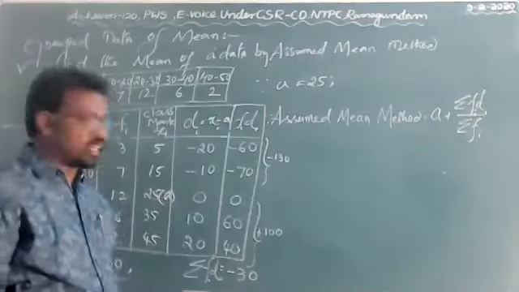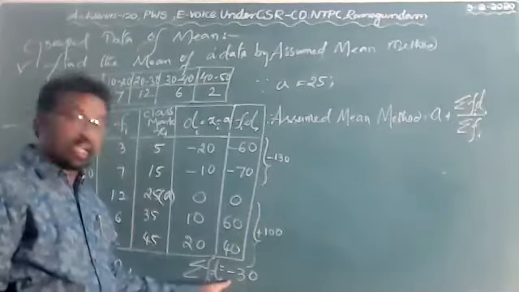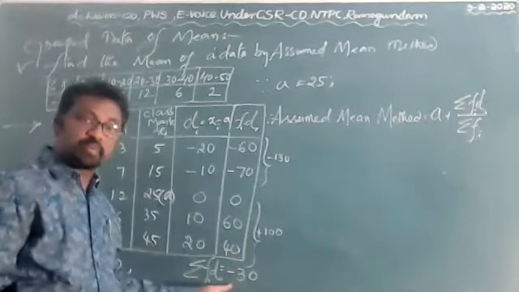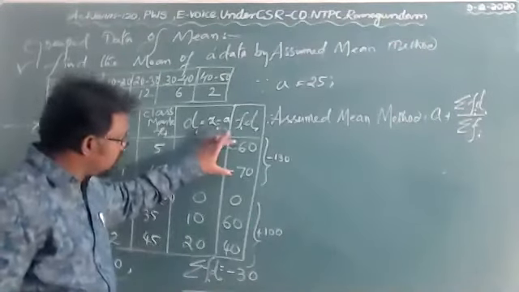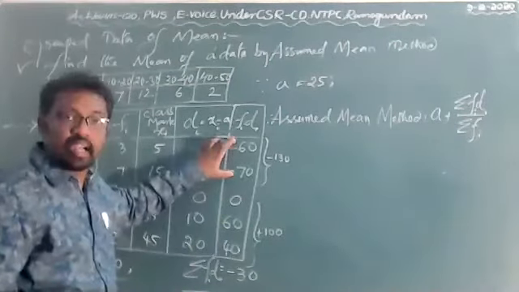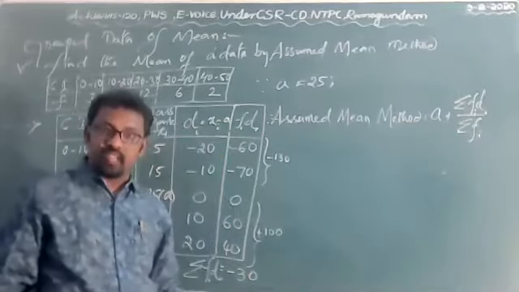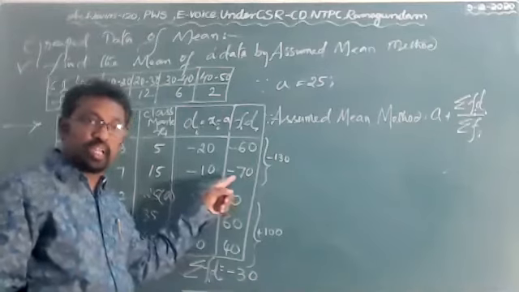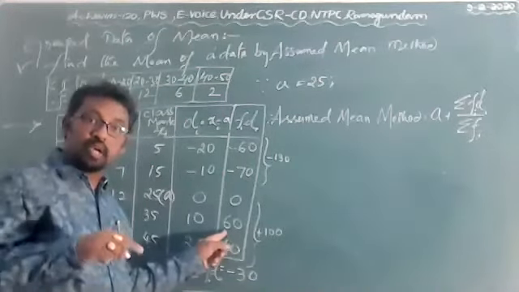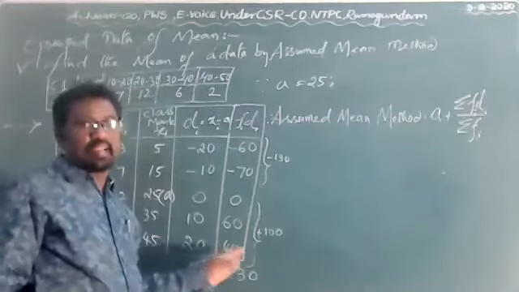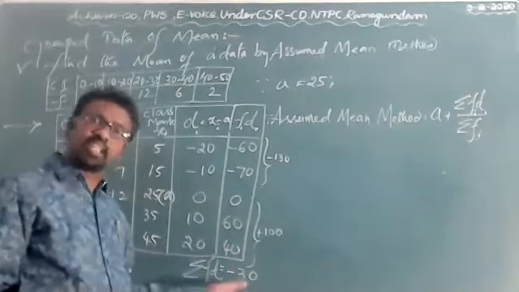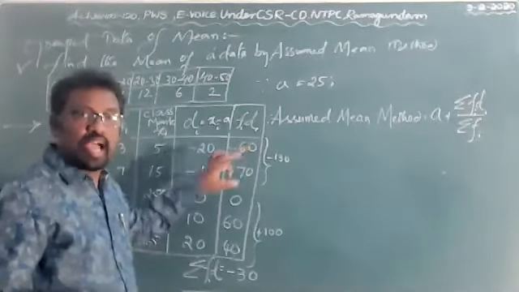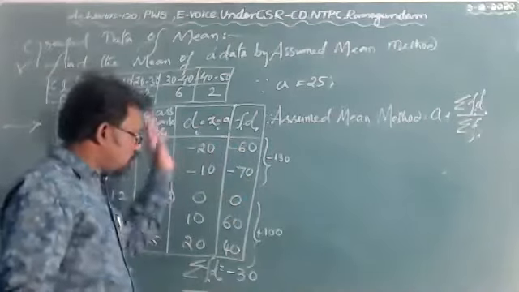Because the bigger number has the minus sign, the same sign you get here: minus 30. Add positives, add negatives, and subtract. It will be very easy. Don't calculate like minus 60 minus 70 is minus 130, minus 130 plus 60 is minus 70, minus 70 plus 40 is minus 30. Add positives and add negatives instead.